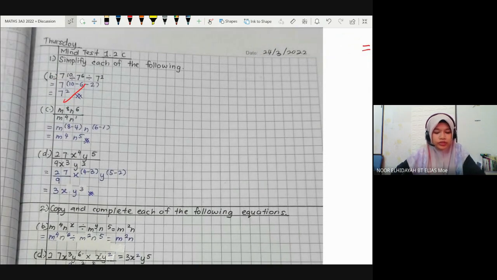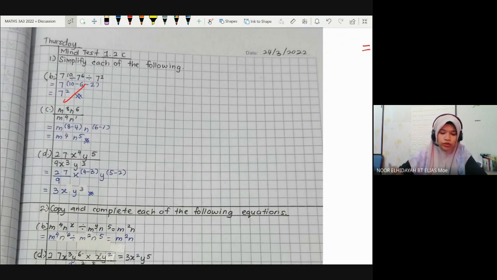Next you have question C. In question C, you have two different bases that involve division. m to the power of 8, n to the power of 6 divided by m to the power of 4 divided by m to the power of 4 n, given only n.